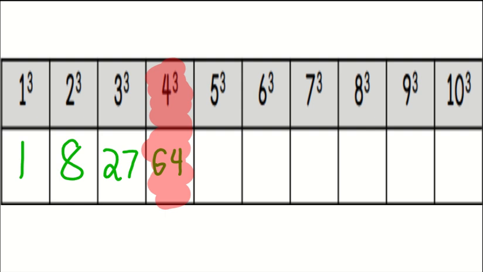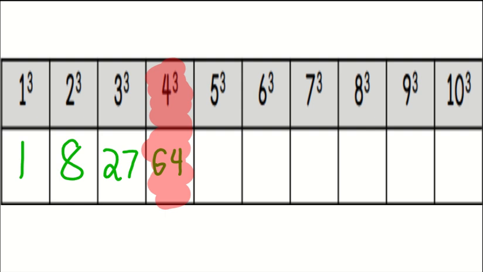When we did square roots yesterday, what was the square root of 64? Square root of 64 is 8. Cube root of 64 is 4. So that's why it gets used a lot. That's one of the few numbers that has a square root and a cube root. So they sometimes use that one to try to trick you a little bit.